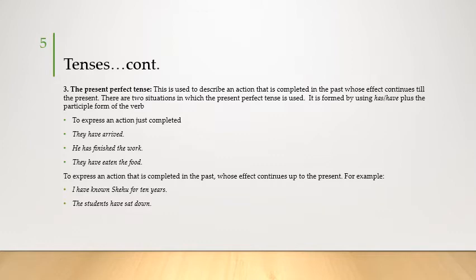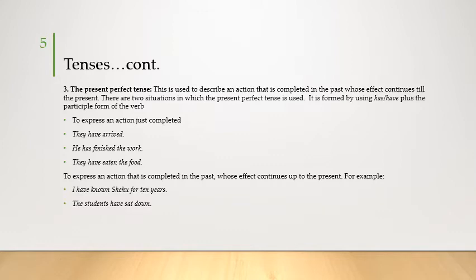The participle is arrived. They have arrived, present perfect tense. He has finished the work, present perfect tense. They have eaten the food, present perfect tense. So you find out that these sentences portray how present perfect tense could be used to express an action that has just been completed.